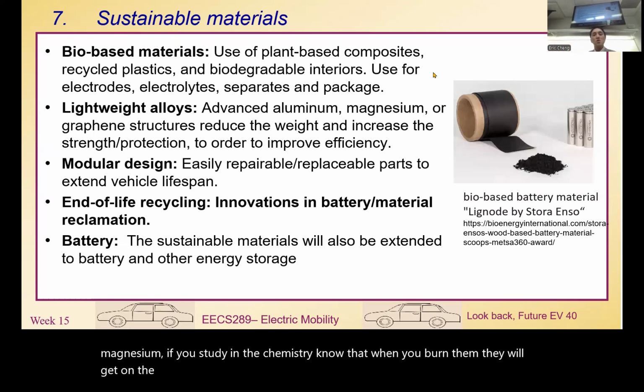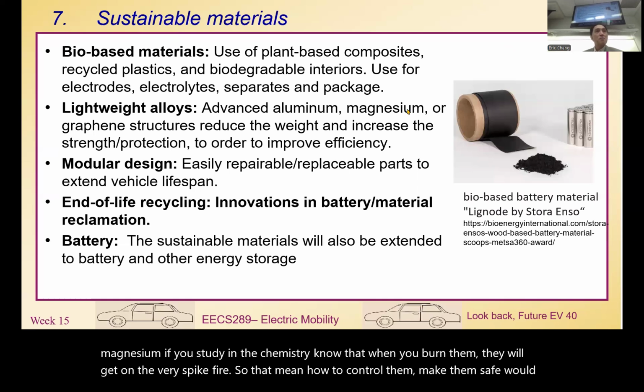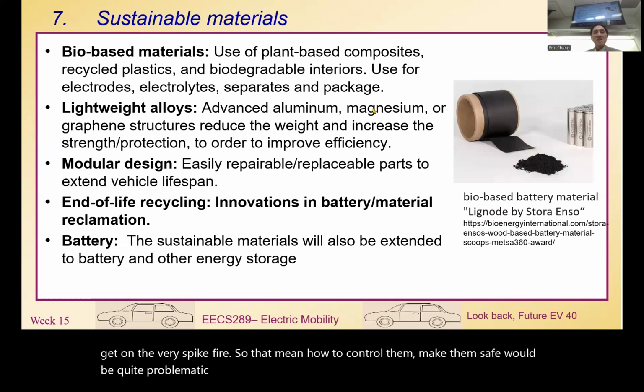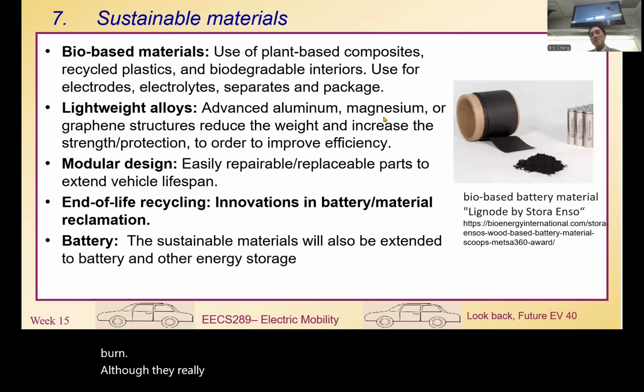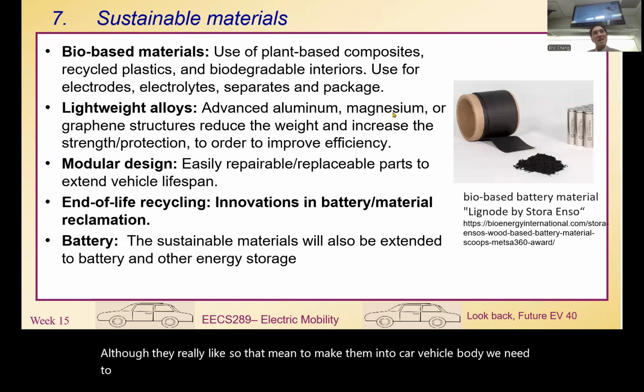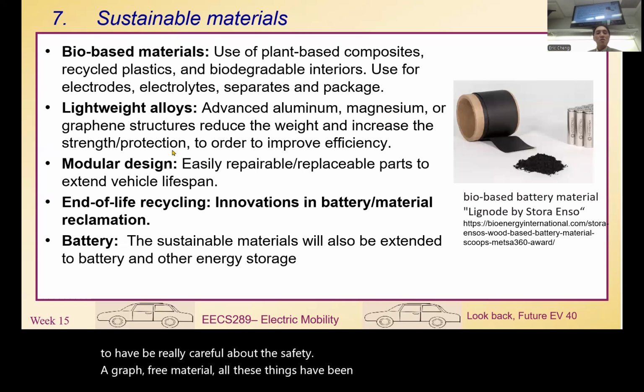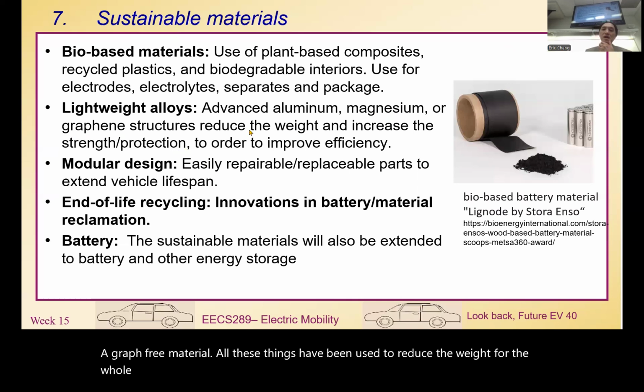So how to control them and make them safe is quite a problematic issue. Magnesium is really easy to burn in the air, although it's really light. To make them into a car body, we need to be really careful about safety. And graphite material, all these things have been used to reduce the weight of the whole vehicle design, packaging with the battery material.